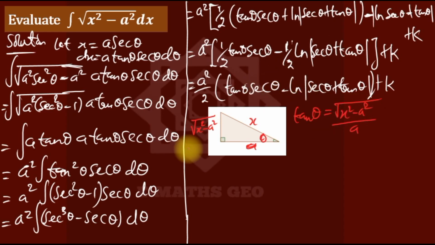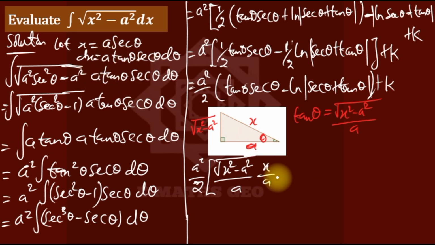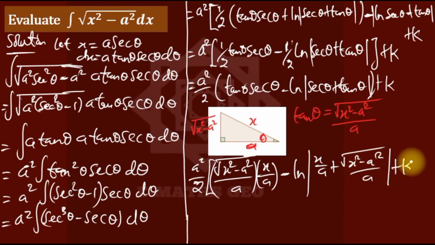So let's substitute here. Therefore the integral is a squared over 2 times tan theta, which is the square root of x squared minus a squared over a, times sec theta, which is x over a, minus ln of sec theta, which is x over a, plus tan theta, which is the square root of x squared minus a squared over a, plus k.